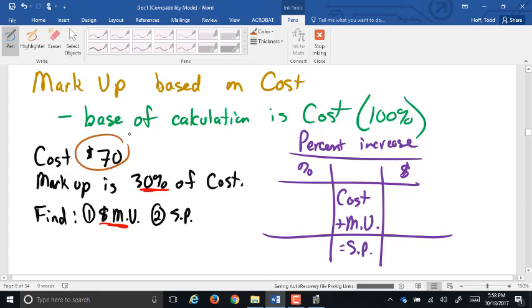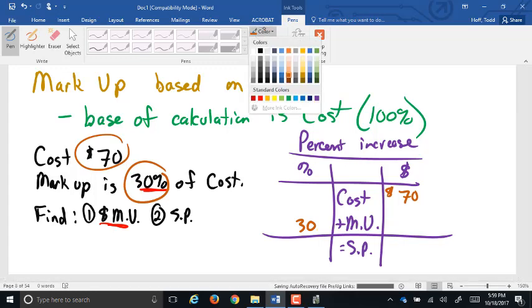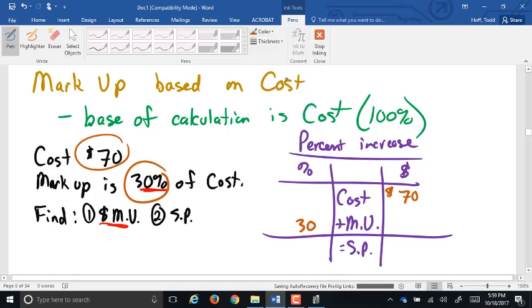We have $70 cost. We have a 30% markup. So here's markup. The 30 is on the percent side. It appears as though that's all we have. But of course, we always have 100%. Since this is markup on cost, it's 30% of cost, it implies the 100% goes to the cost.